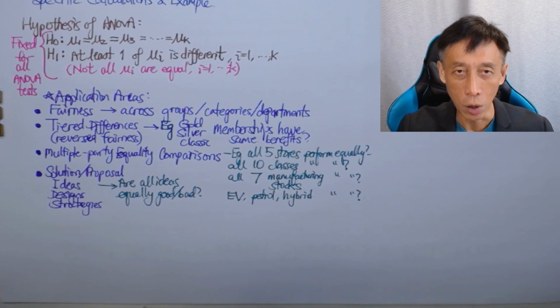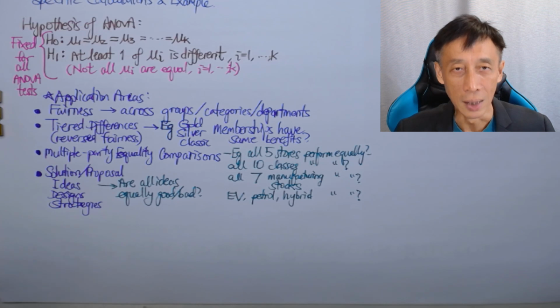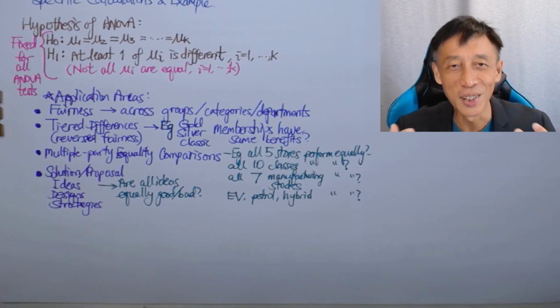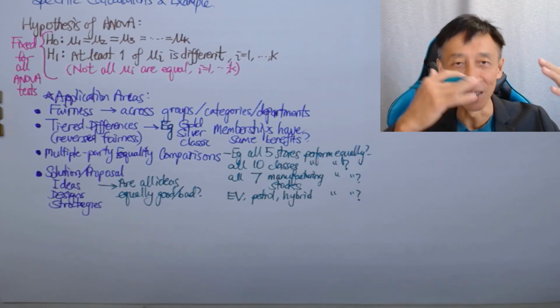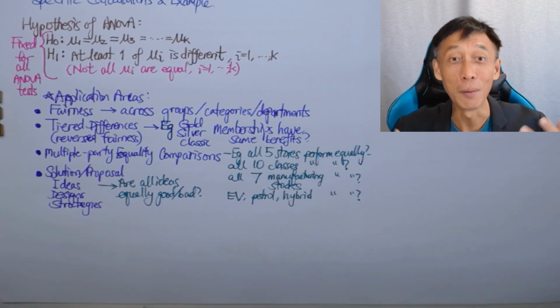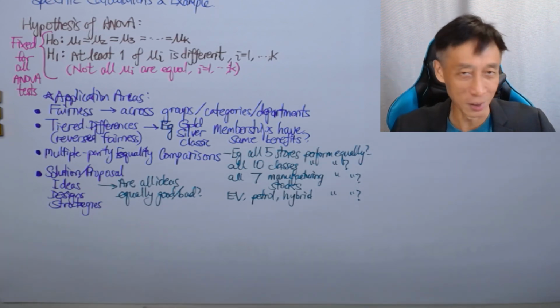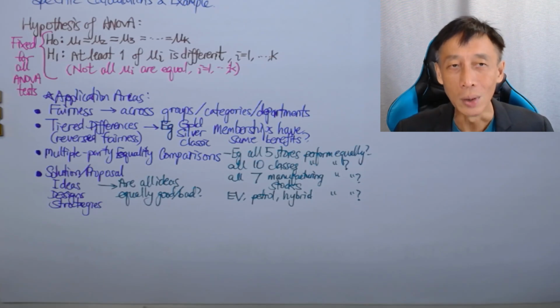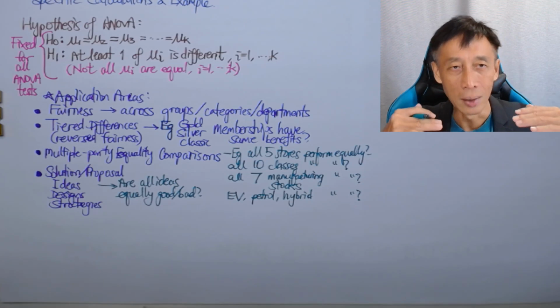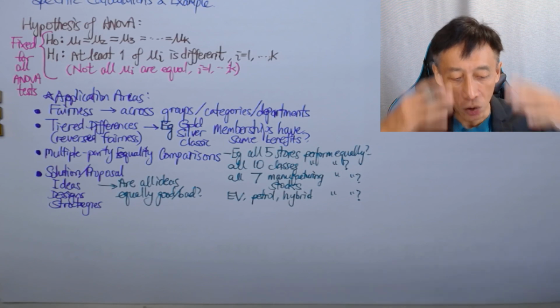Because for complex solutions and proposals, it is less likely, I won't say totally impossible, but unlikely, that they are automatically ranked. Like one is super good, the other one is second, the other one is third. Ranked based on what criteria? We have experts in our panel. So it's unlikely that when ANOVA rejects, it's automatically ranked.